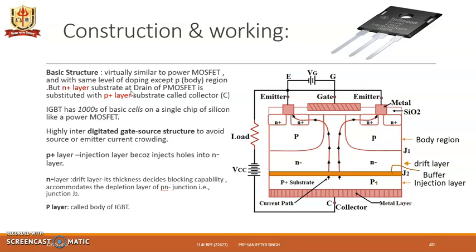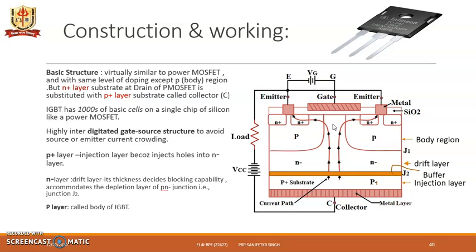The body layer has the same level of doping except this P layer, and moreover, the N plus layer substrate is substituted with a P plus layer. In the power MOSFET it was an N plus layer as the substrate, here it is a P plus layer. That is the difference with respect to the power MOSFET.